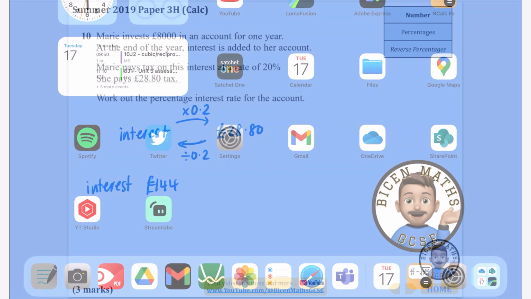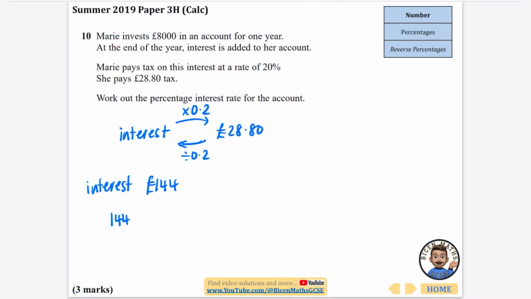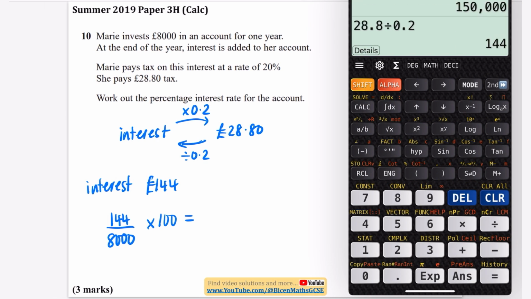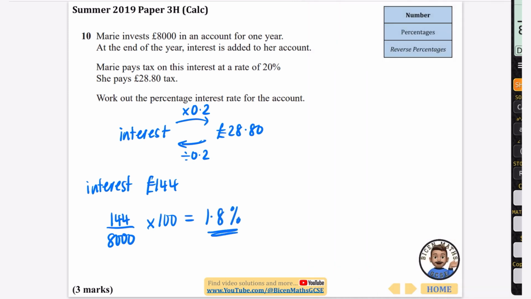So we're going to say 144 was how much interest she made out of the amount that she put into the account. And that's going to be a fraction, so I'm going to times it by 100 to make it become a percentage. So I will do 144 out of 8,000, and I'm going to multiply that by 100. And we get 1.8% is the percentage interest rate that she's got.